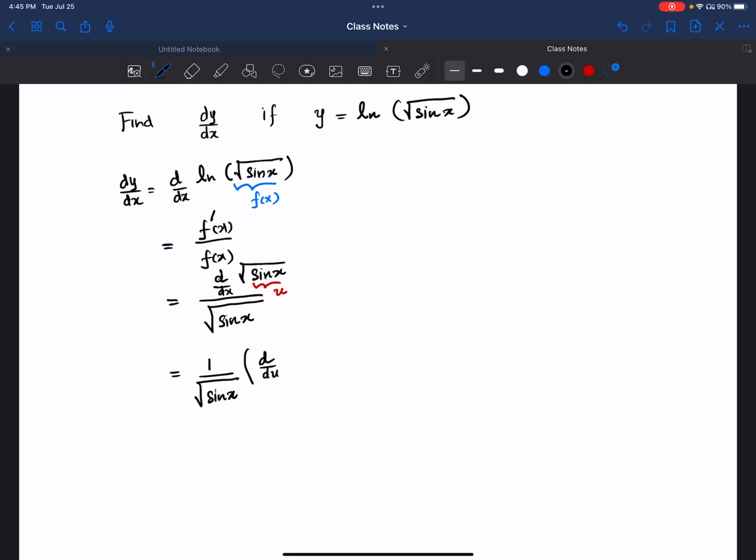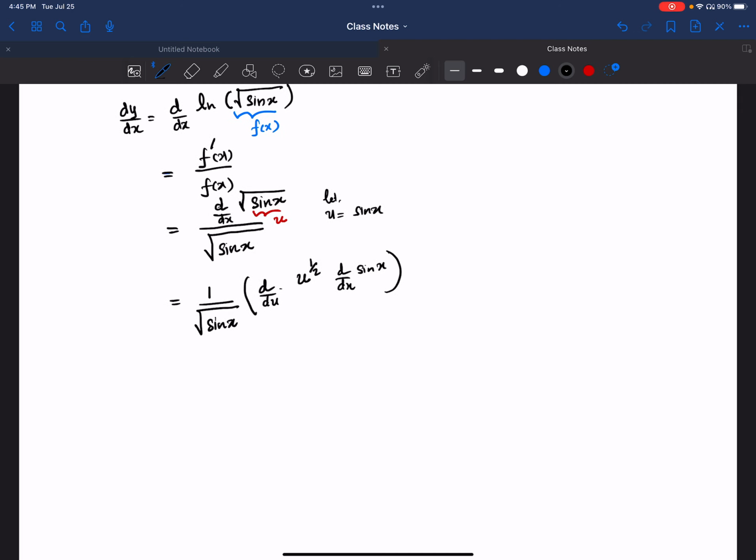If that is u, then I can write this as 1 over sine x, multiplied by d over du u to the power half, because u is sine of x, right? And then you have d over dx u, which is sine of x.